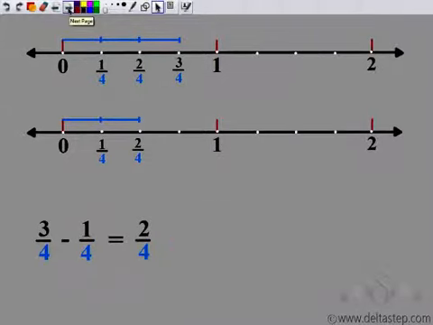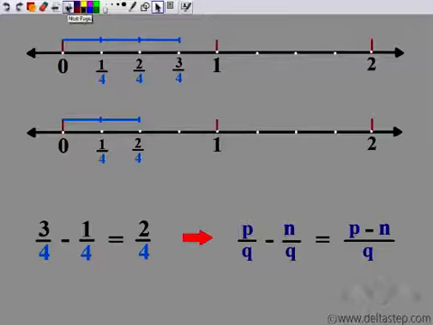Similarly, if I want to subtract, let's say I have this length 3 by 4 and I subtract 1 by 4 from it. So I am left with 2 by 4. So 3 by 4 minus 1 by 4 gives me 2 by 4. Or I can see it as the denominator remains the same and the numerator is being subtracted.